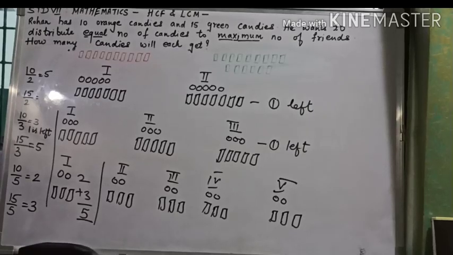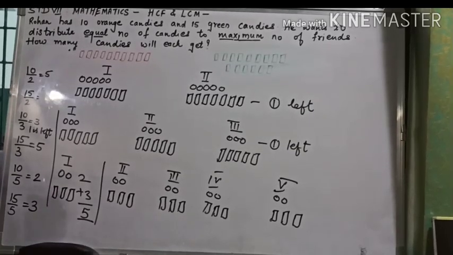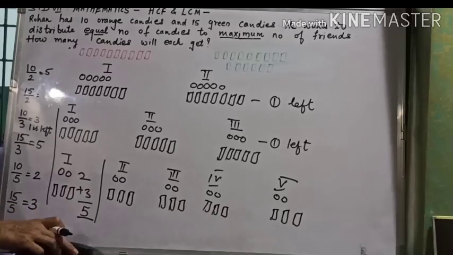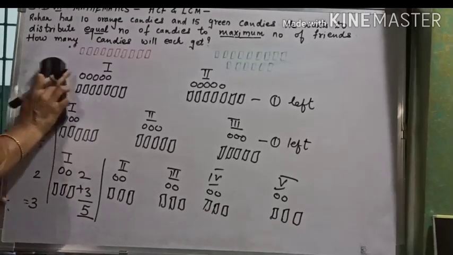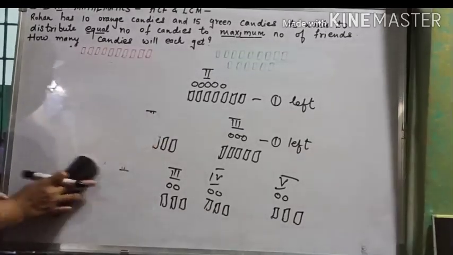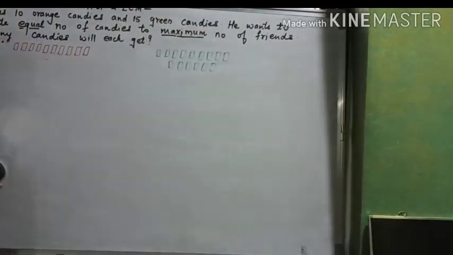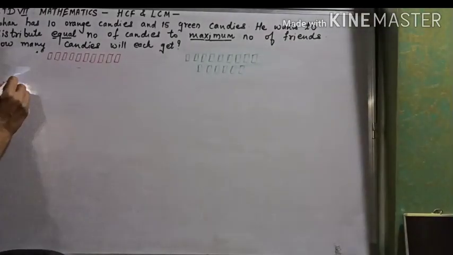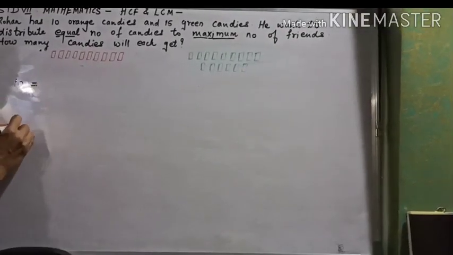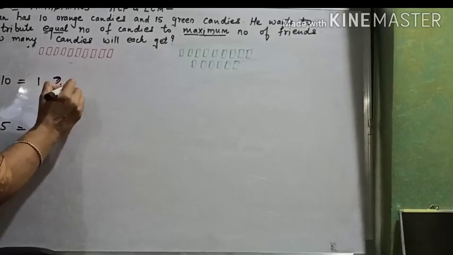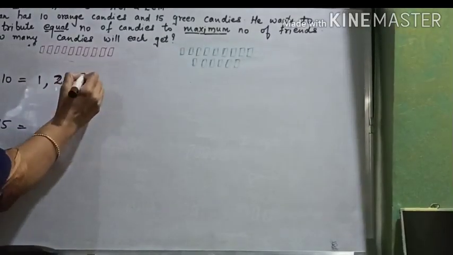So from this example we see that the number of friends should be such that it should divide both 10 and 15. Means it should be a divisor of 10 and 15. So let us write the divisors of 10 and 15. You know the divisors of 10. It comes in the table of 1, then 2 and 5.